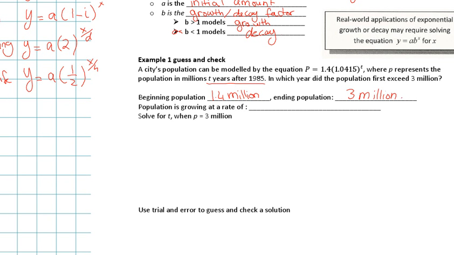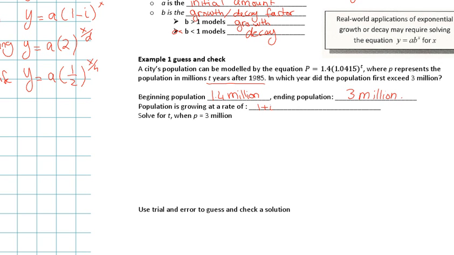So how would I find the i value? Remember that this is 1 plus i, right? 1 plus i is 1.0415.